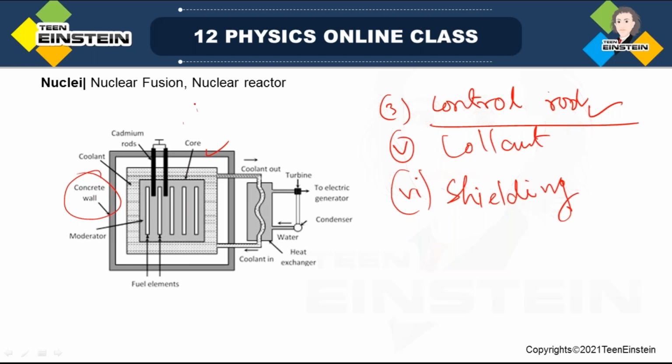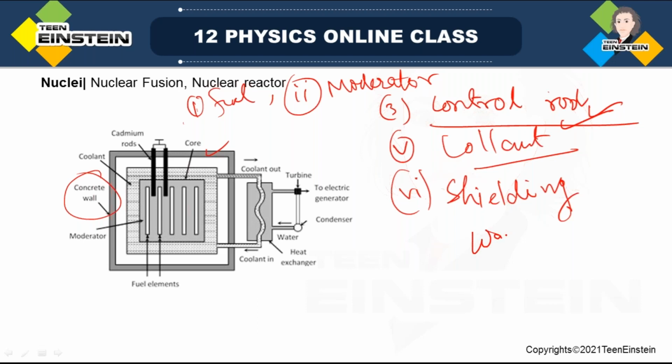The important parts are fuel, then moderator, then control rod, and then coolant and the shielding wall.